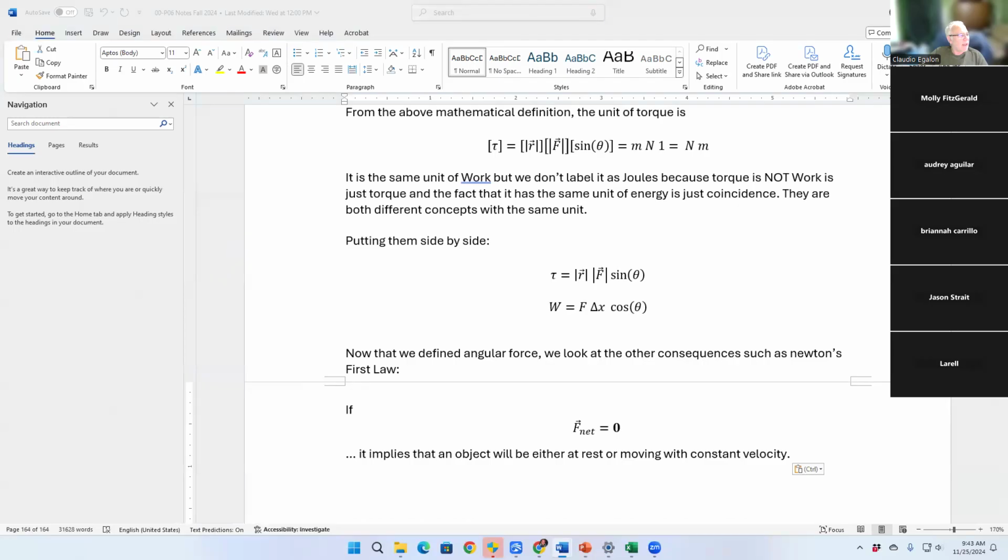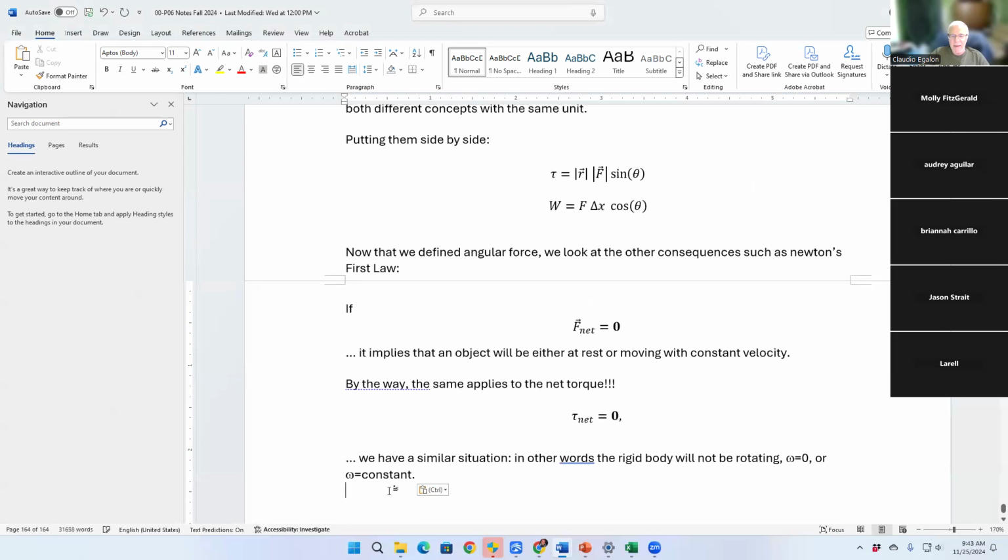And by the way, the same applies to net torque. If the net torque is equal to 0, the rigid body will be either at rest, omega equal to 0, or rotating with constant angular velocity.